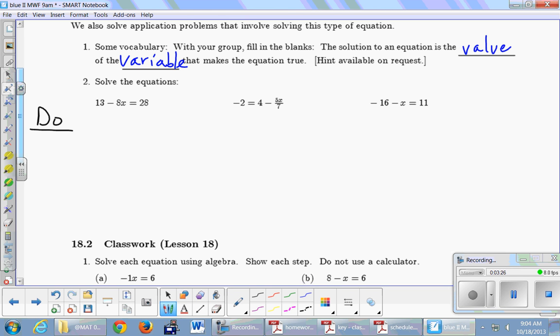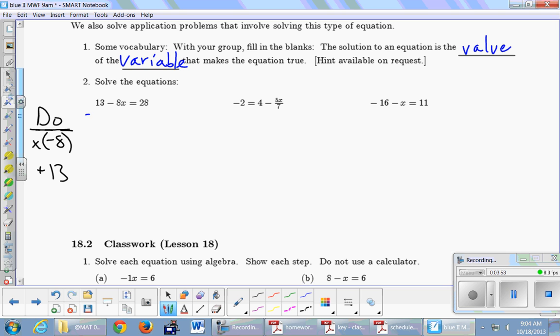I don't need you to make a do list, but if you were plugging in x equals 17, for example, you would first multiply by negative 8. I'm going to write that. First multiply by negative 8. And then you would add 13 to your answer, right? If you were plugging in a number for x. So when we undo, we got to go the other direction. So we got to get rid of that 13 first.